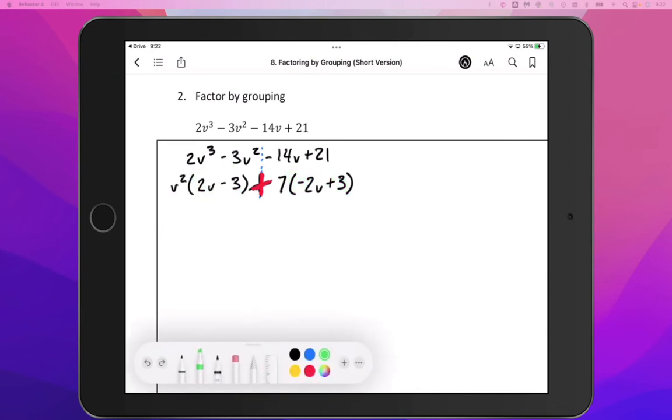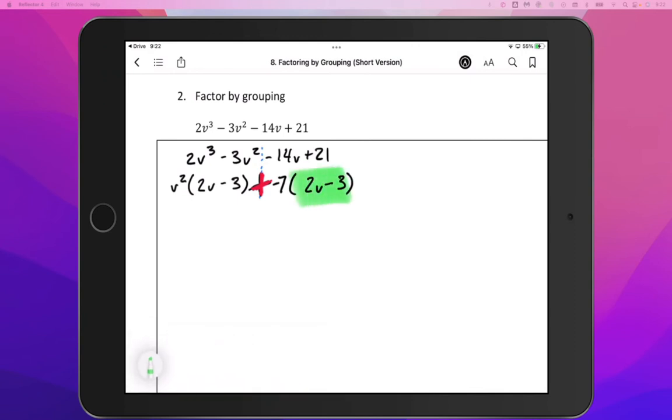And so instead of dividing all of that by 7, we're going to divide all of that by negative 7. And that's going to cause the 2 to be positive and the 3 to be negative. So now we can see that negative 14 divided by negative 7 makes positive 2, and 21 divided by negative 7 makes negative 3.